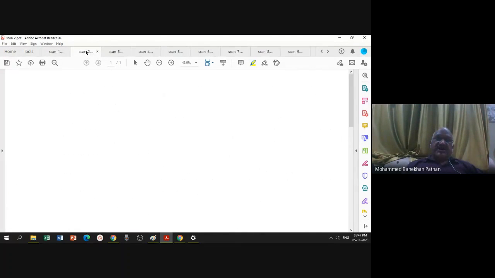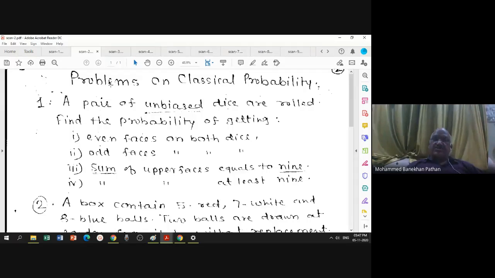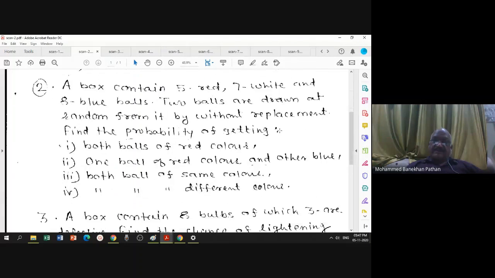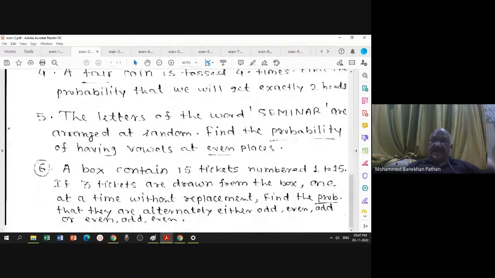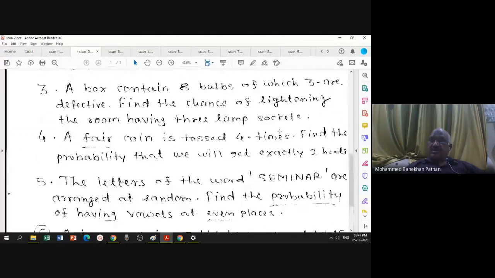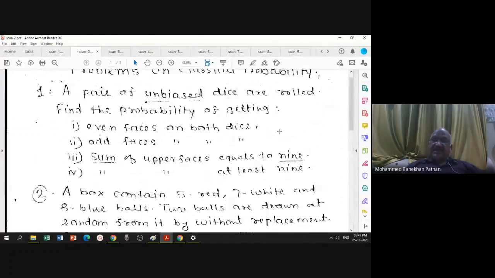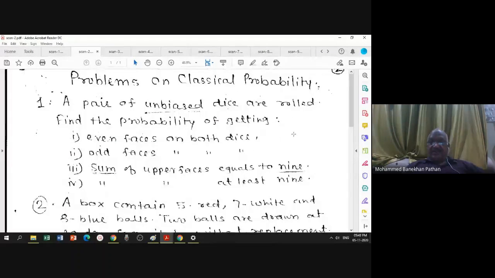Let us proceed ahead. We'll try to understand classical probability with some examples. I wrote near about 7 examples to understand the classical approach. But the difficulty level will keep on increasing as I explain the problems one by one.